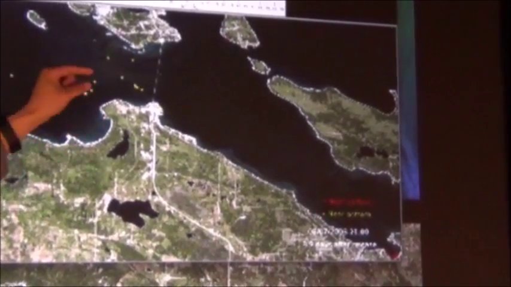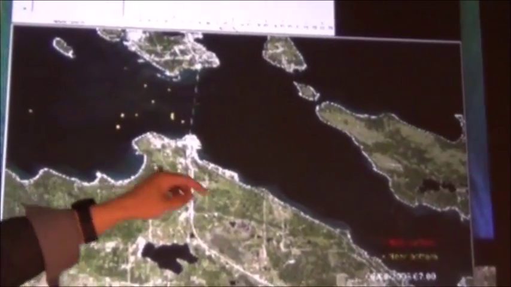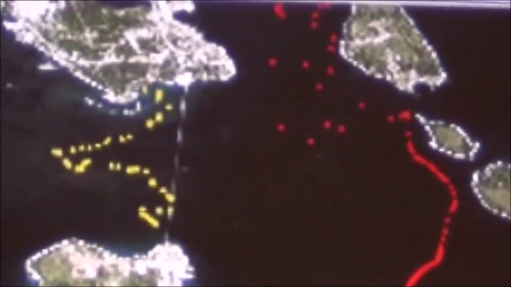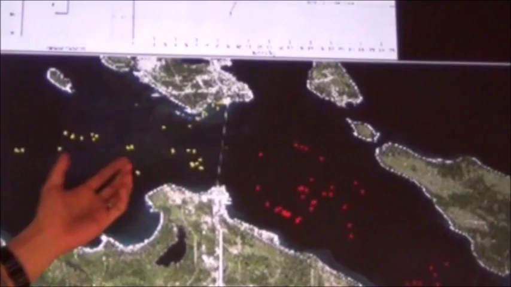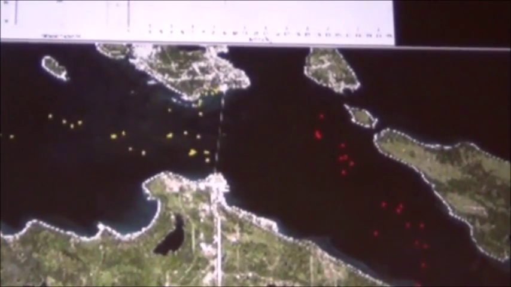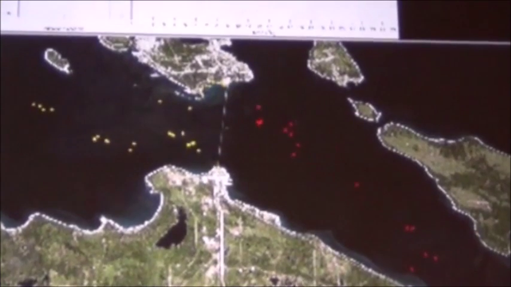Notice that we use two different colors in this case. The red color represents the particles flowing with the surface water, which is close to the southeastward. And we have the particles released at the bottom water, which stay here and move generally westward.